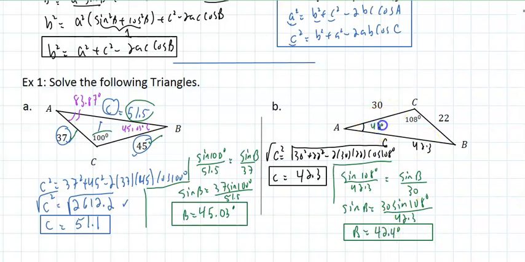And if I know this is 42.4 degrees, I could figure out what this angle is by taking 180 minus 108 minus 42.4, and that would be 29.6 degrees.